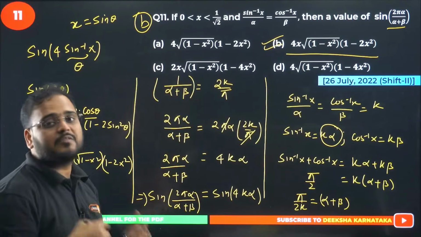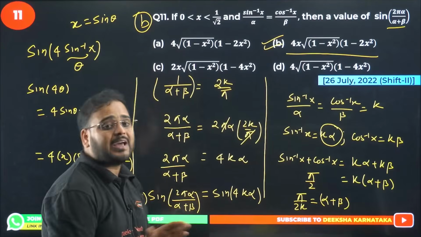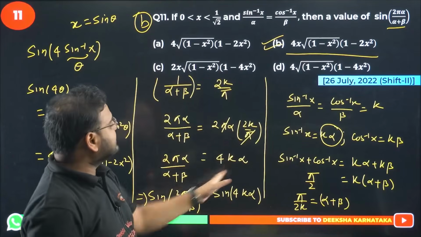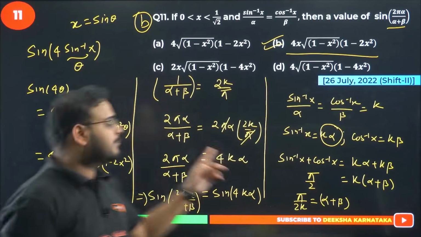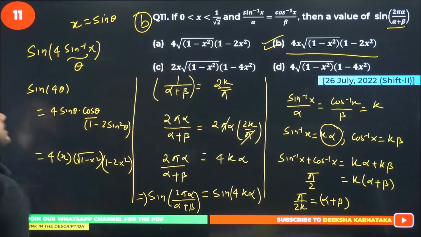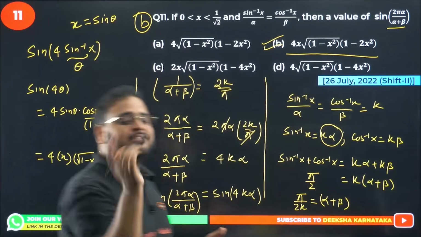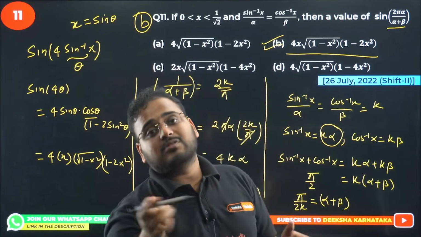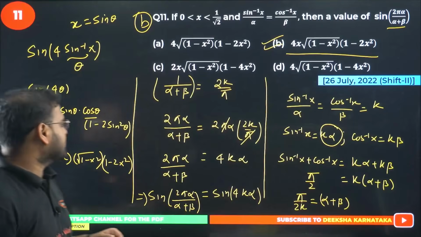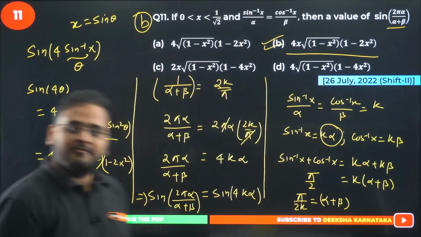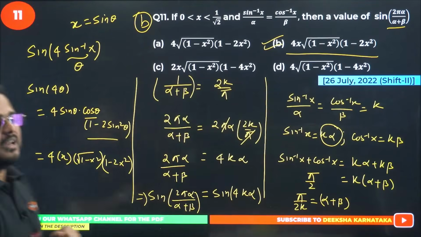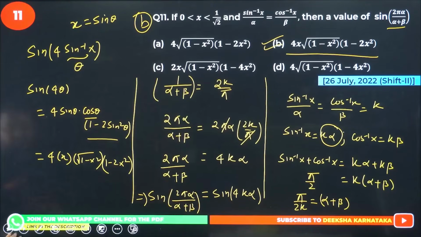We've taken the reciprocal first, then comes multiplication of 2 pi alpha. Then simplify this to get 4k alpha, apply sine on both sides, and then replace k alpha by sine inverse of x, taking that as theta, apply the formula of sine 4 theta, 4 sine theta cos theta, and 1 minus 2 sine square theta. You get the result also as option B. Fair enough, easy. Question number 11 is done. Some tricks a bit, but we can solve it, right?